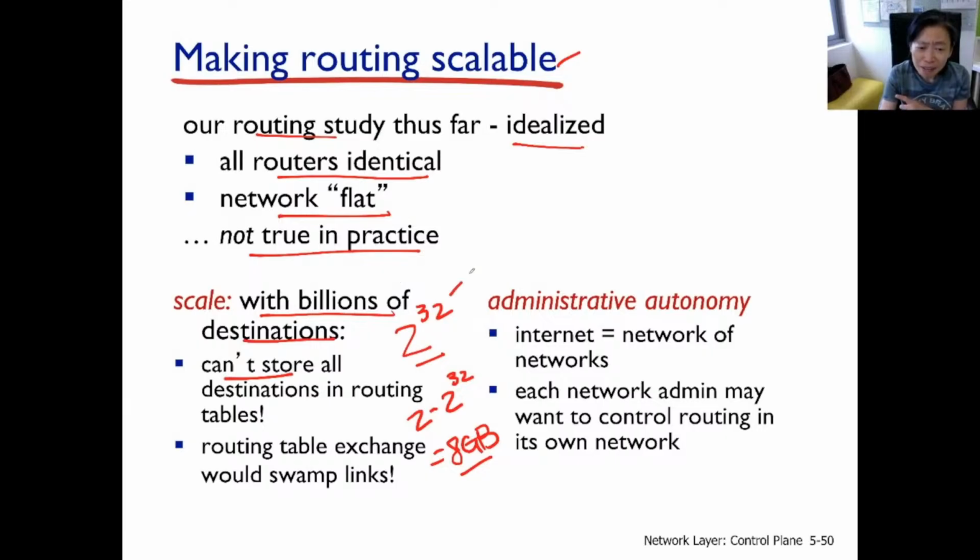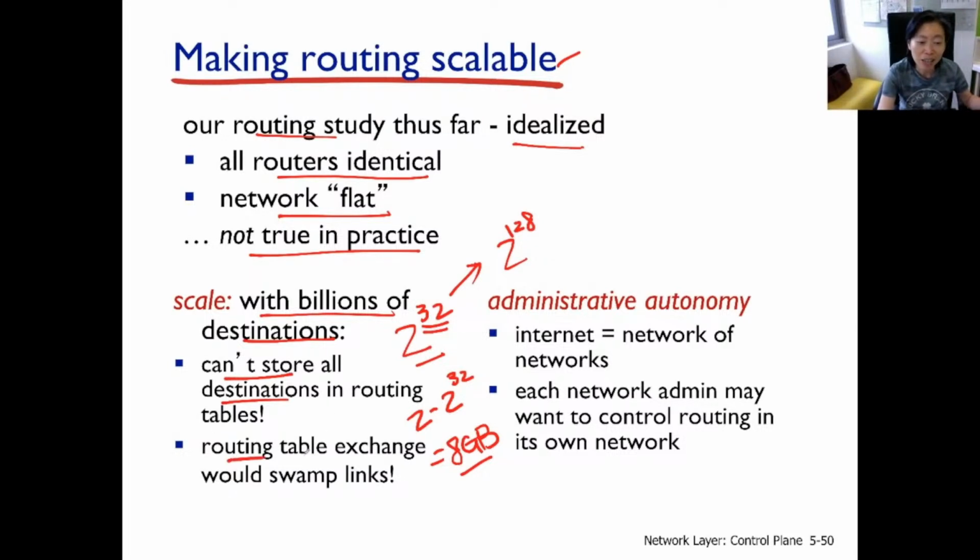And if you think about this, hey, this is the IPv4 address space. What about IPv6? Ouch, you don't wanna go there. So even if we use a more scalable routing algorithm, distance vector, and consider it working on the internet, it's not gonna scale. We cannot be storing all destinations. And you know what? Each of these distance vector routers also sends distance vectors to the neighboring nodes, and neighboring nodes send to their neighboring nodes.